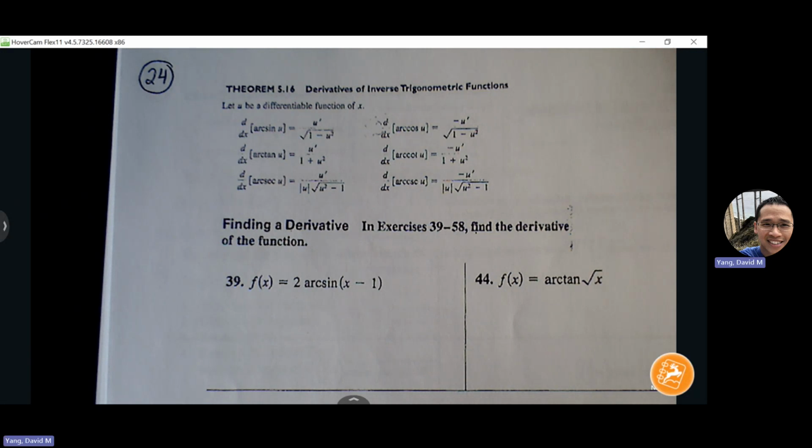Some of these problems are just applying the rule as you see it. Others may require a product rule. Still others may require quotient rule, not quotient rule, chain rule. So go ahead and start off with 39. Check your progress with page 26. I'll walk through each of them, but I'll also see if you guys have any questions as you're trying these problems.